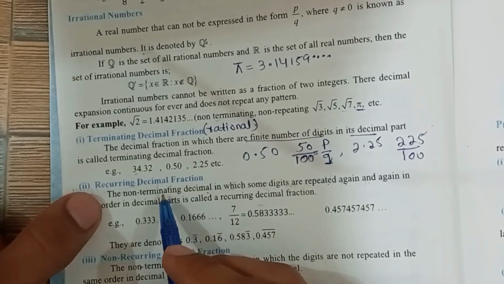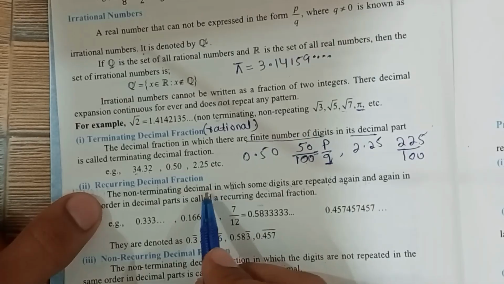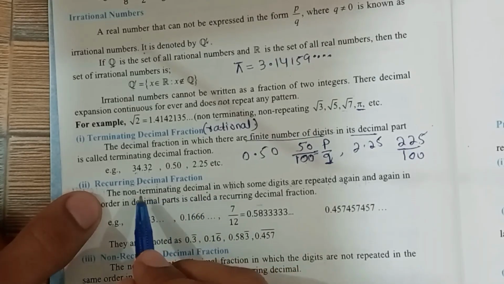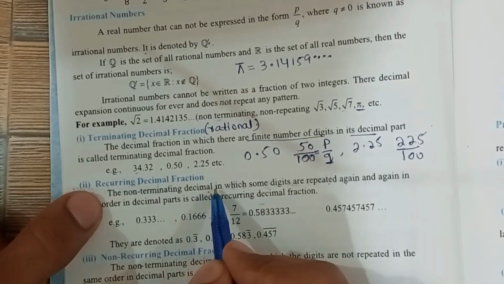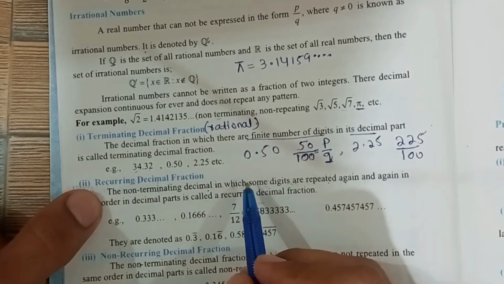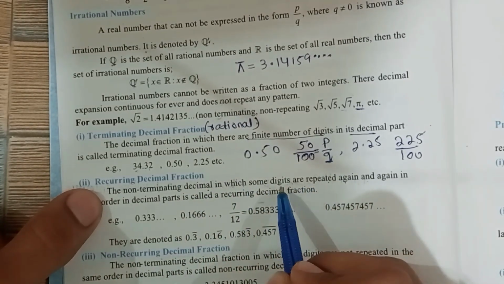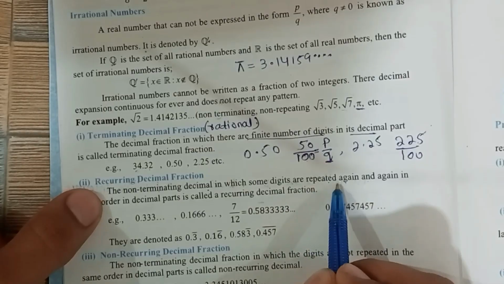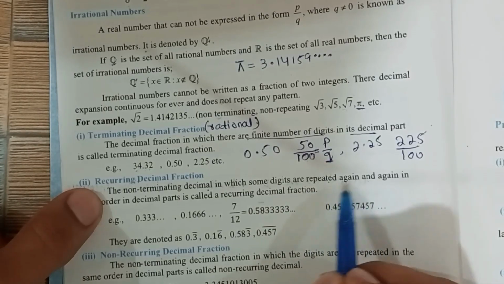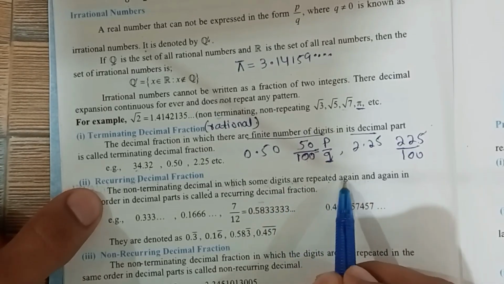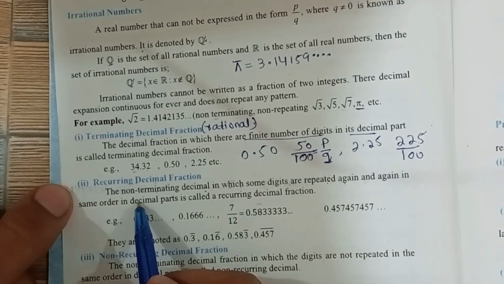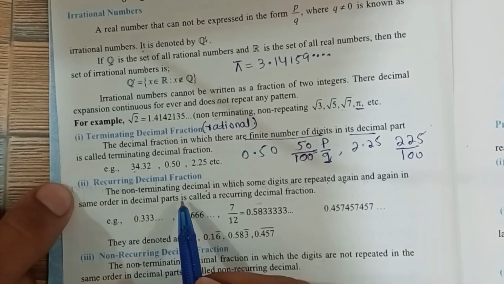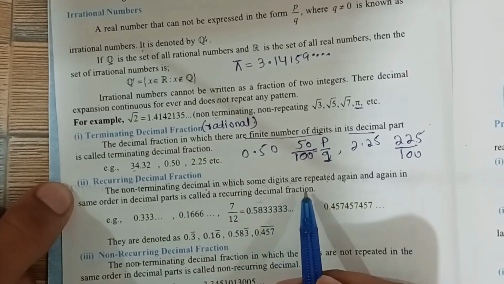Non-terminating means those decimals which don't have any ending.